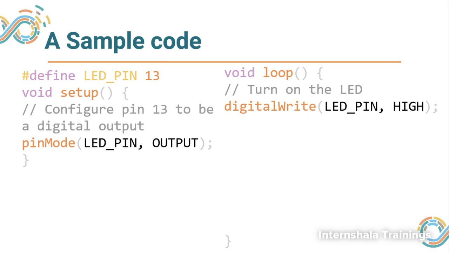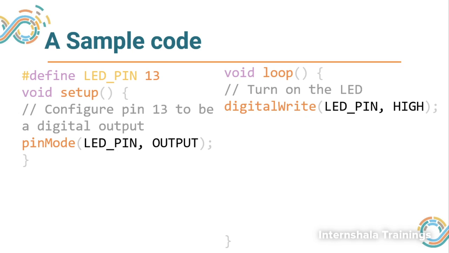So digitalWrite is going to command this particular pin number and write the output value on it. So what is the number of the pin? That is LED underscore pin, that means pin number 13, and the value we are giving is HIGH, that means this line will make the LED glow.